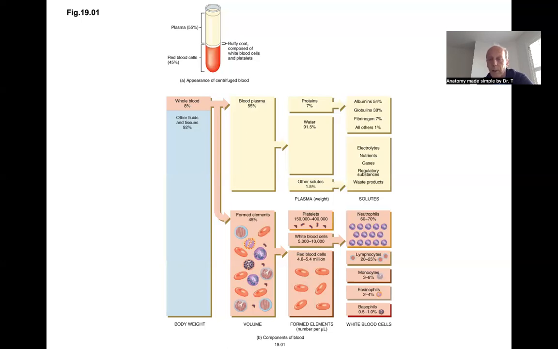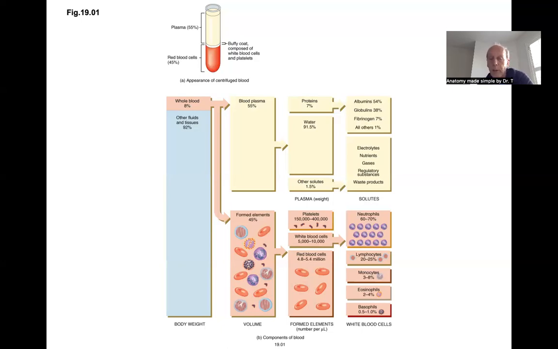Albumins, due to their high 54% presence in the liquid part of the blood, will also have a very strong attraction for molecules of water to come and stay next to molecules of albumins, because they are hydrophilic. That prevents, as the blood runs through capillaries, eventually too much of a fluid loss, tissue retaining the water, drying out blood.